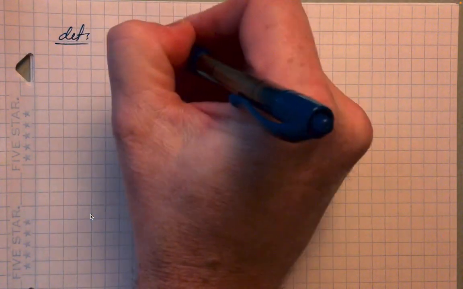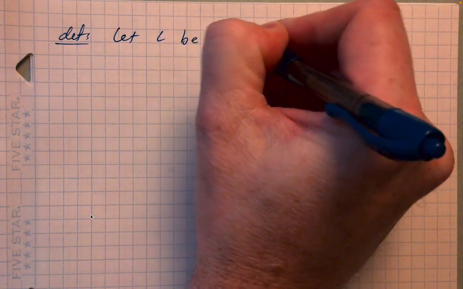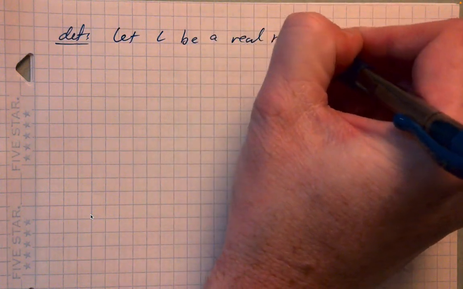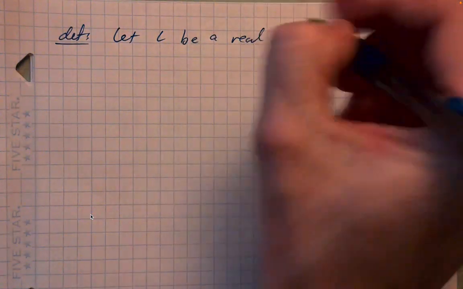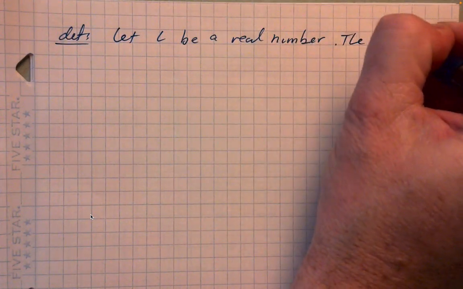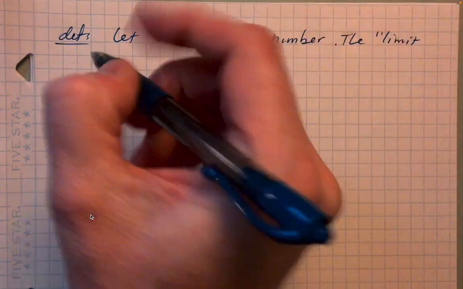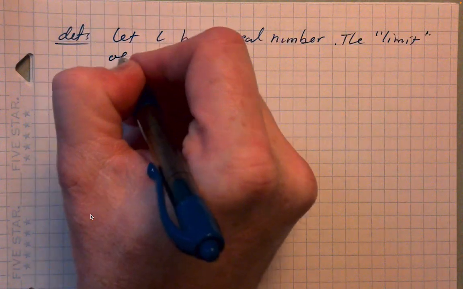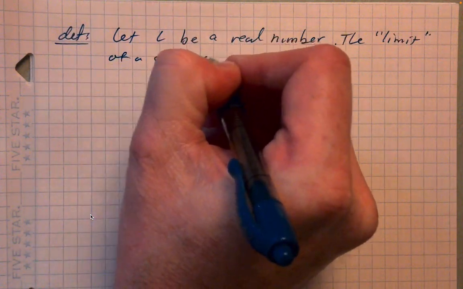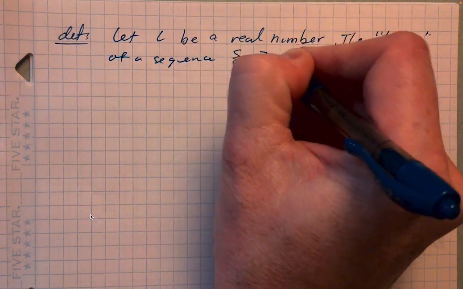So let L be a real number. Okay, so real number limit here. The limit of a sequence, and we'll call the sequence a_n.